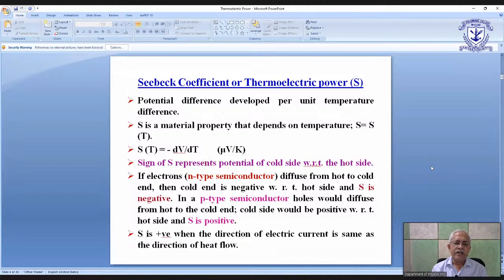In the metal, it is the electrons which are moving from the hot end to the cold end. Therefore, the conventional current is in the opposite direction. And heat flows from hot end to the cold end. Therefore, the direction of electric current and the direction of heat flow is opposite. Therefore, S is negative. That is another way of looking at the sign of S.